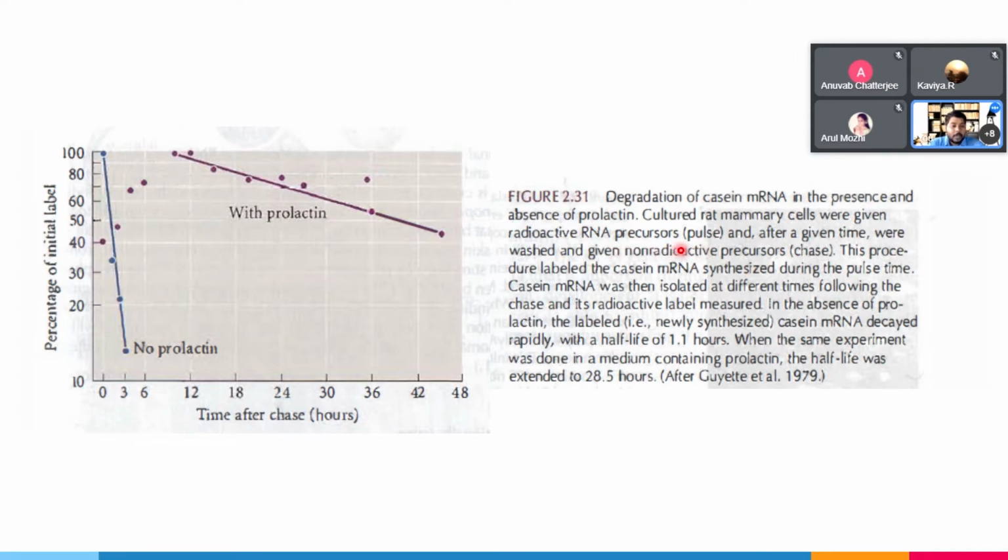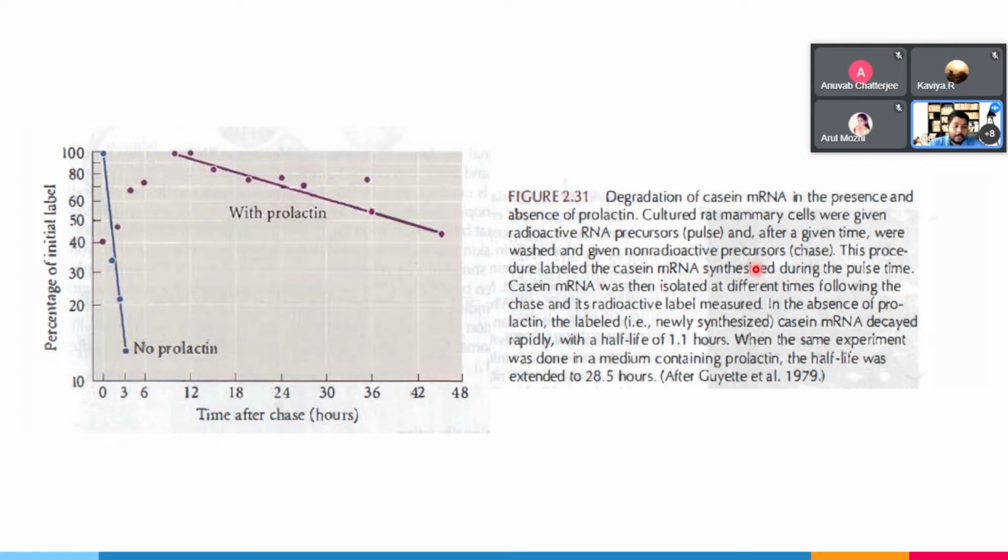So those RNAs that are produced using the radioactive precursors will be radioactively labeled, and everything else that comes after that using the non-radioactive precursors will not be labeled.